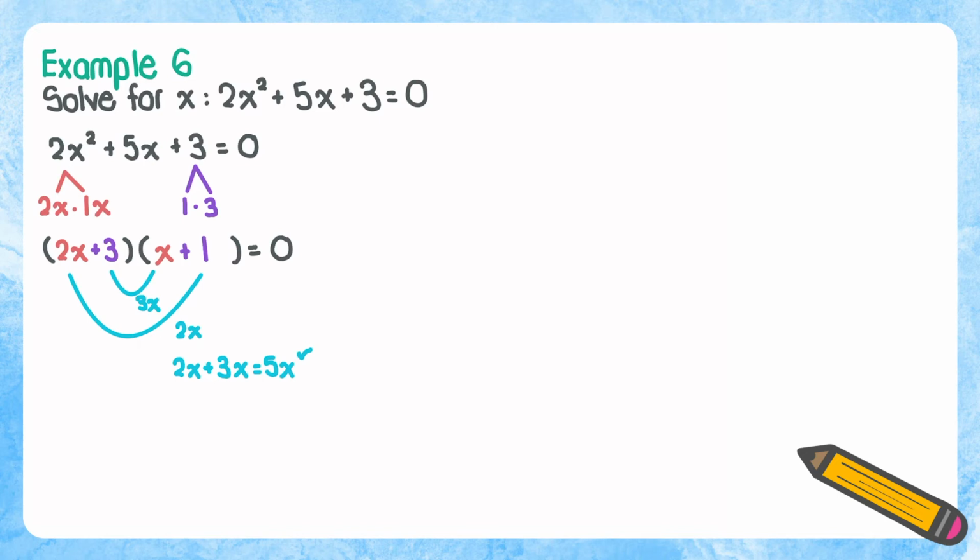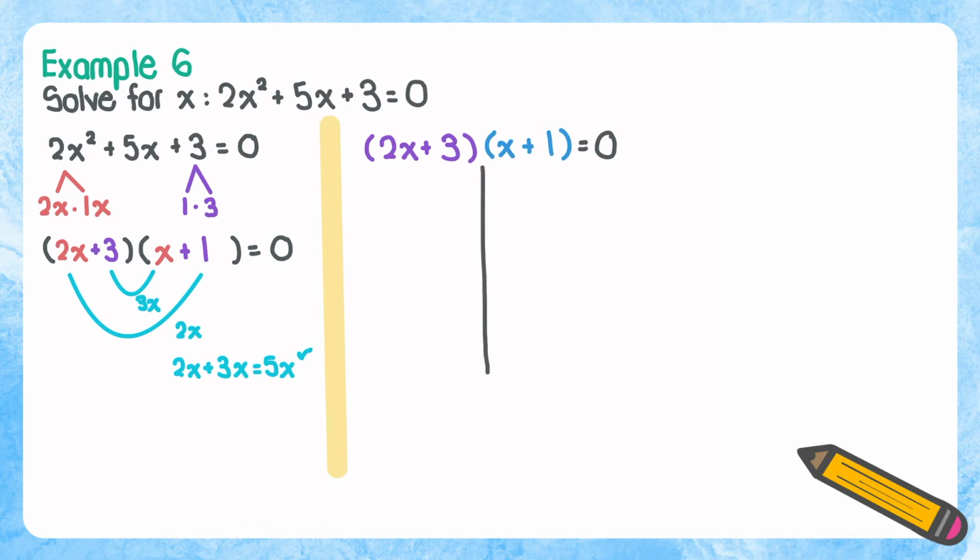So I know that I've factored correctly. So I can now use the zero product property to solve for x. I have 2x plus 3 times x plus 1 equals 0. This is still the same as the original equation. It's just factored, so written differently.